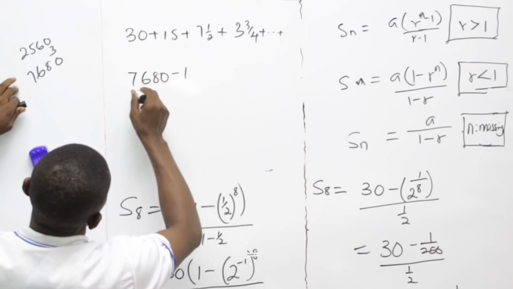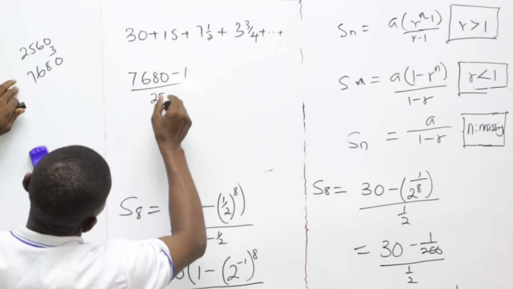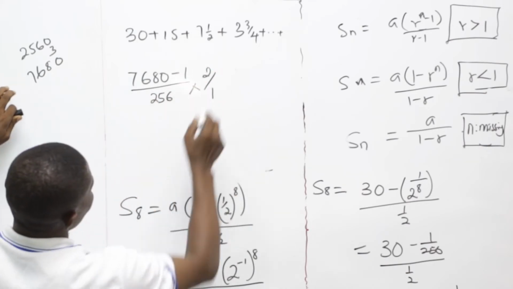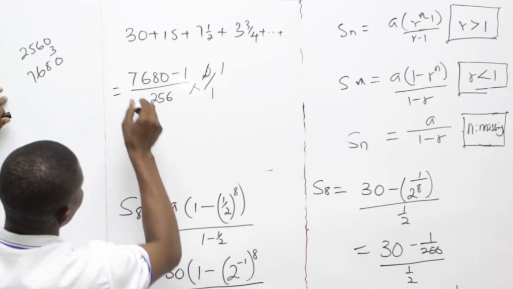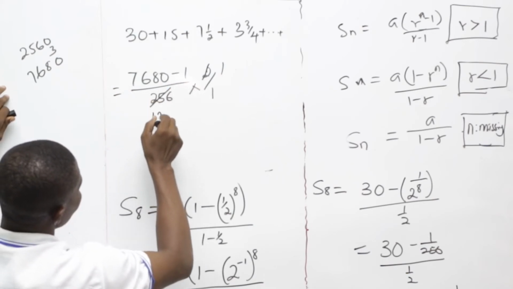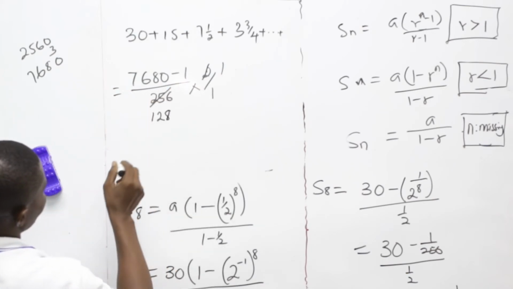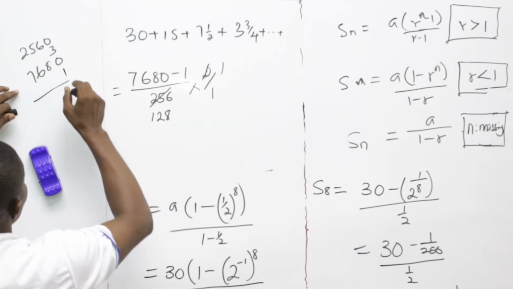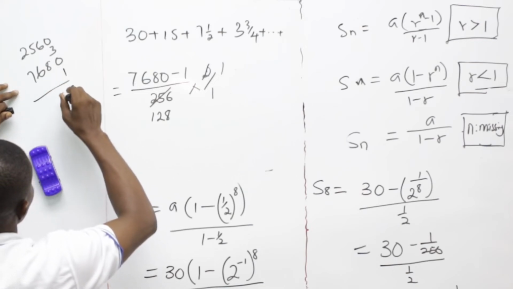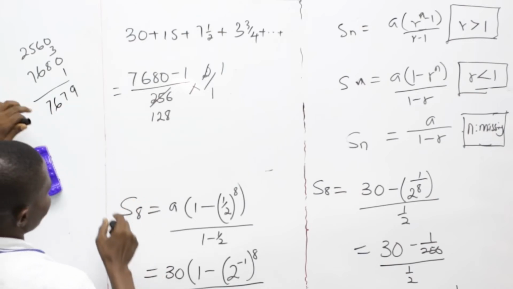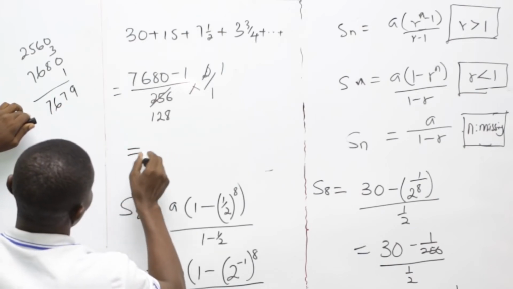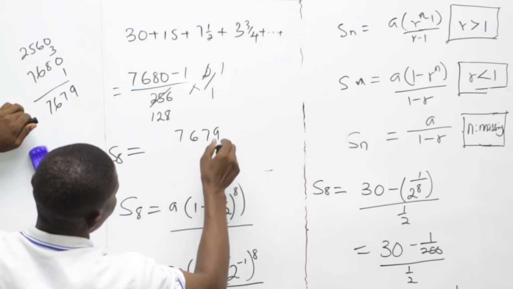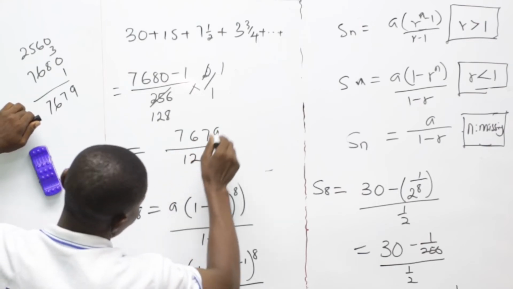Minus 1 all over 256 times 2 all over 1. 2 here, 1. 2 here, 1, 2, 8. 7680 minus 1 is 7679. S8 equals 7679 all over 128.